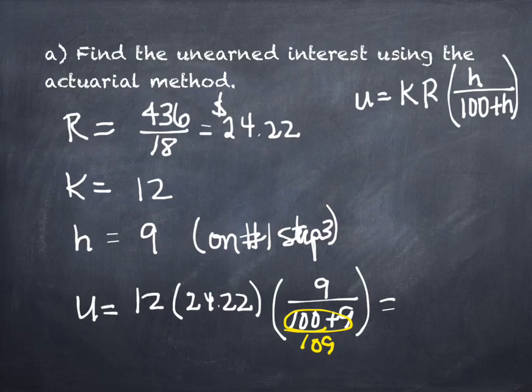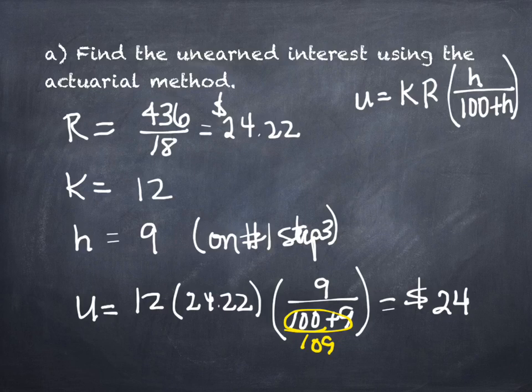And what do we get? Yeah, it's awfully close to 24. It is 24 exactly if we hadn't had to round the 24.22 back in the first part. So, yeah, we're going to save $24, right?